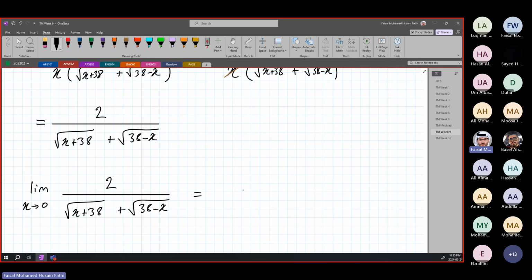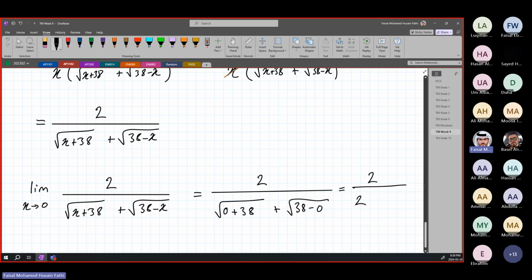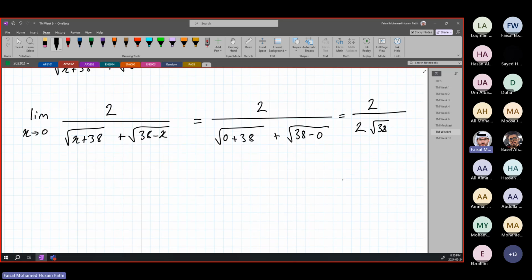Now we can plug in the 0 in the bottom. So we will have 2 up top, over the square root of 0 plus 38, plus the square root of 38 minus 0. Or in other words, it's equal to 2 over 2 square root 38. If you put it in the calculator, you're just going to see that it is 1 over square root 38, which is the square root of 38 divided by 38.